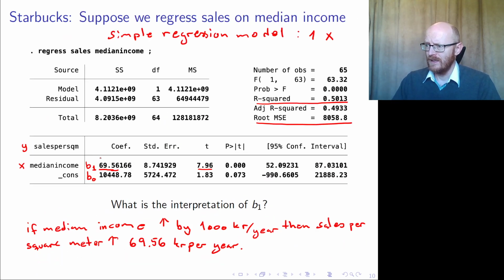I'll show you here. So this 669.56 includes the indirect effect from competitors on median income, and then onto the sales per square meter. So in this simple regression model, we had a lurking variable, a confounding variable. Okay.